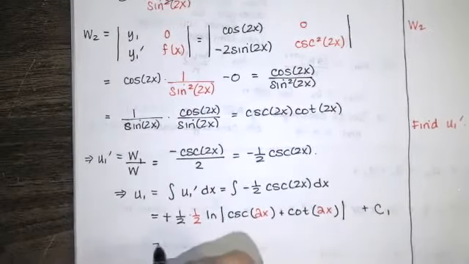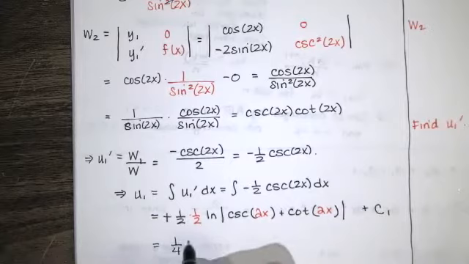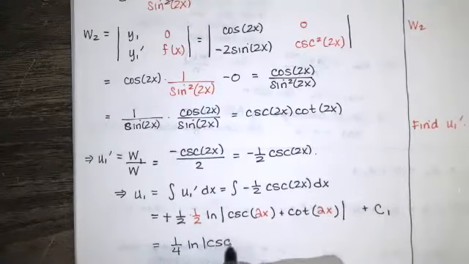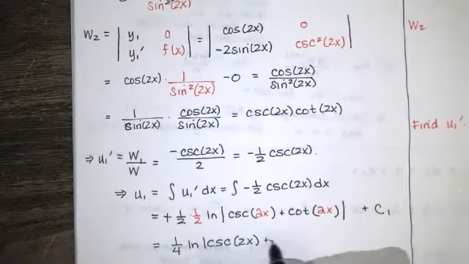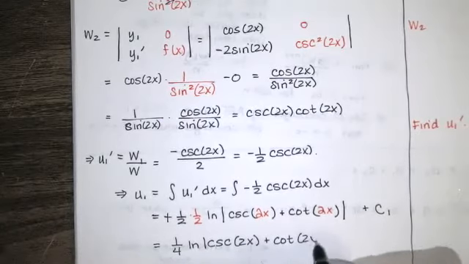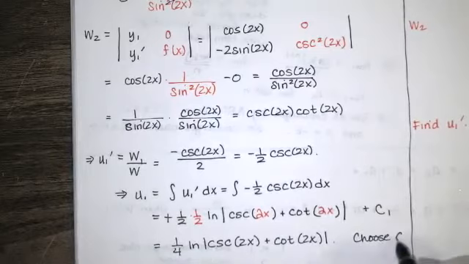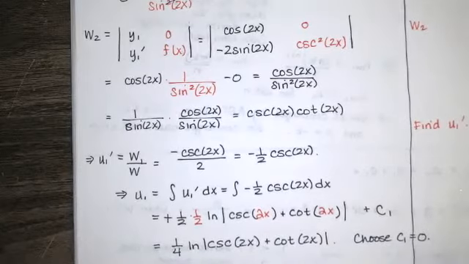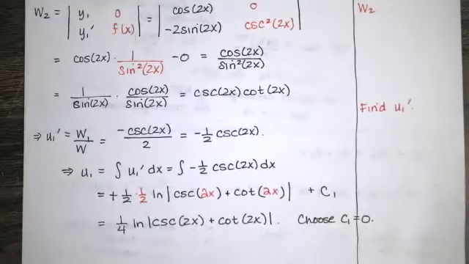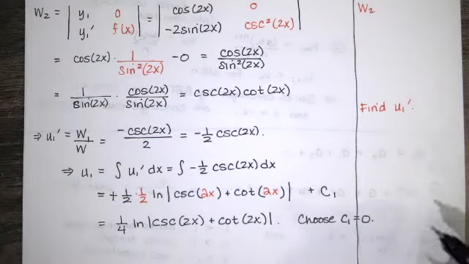And so u1 turns out to be 1/4 of the natural log of the absolute value of cosecant of 2x plus cotangent of 2x. And we will choose that constant to be 0 because we're going to multiply u1 by y1, and we don't need a constant times y1 as part of our y sub p because we've already got a constant times y1 as part of the y sub c.